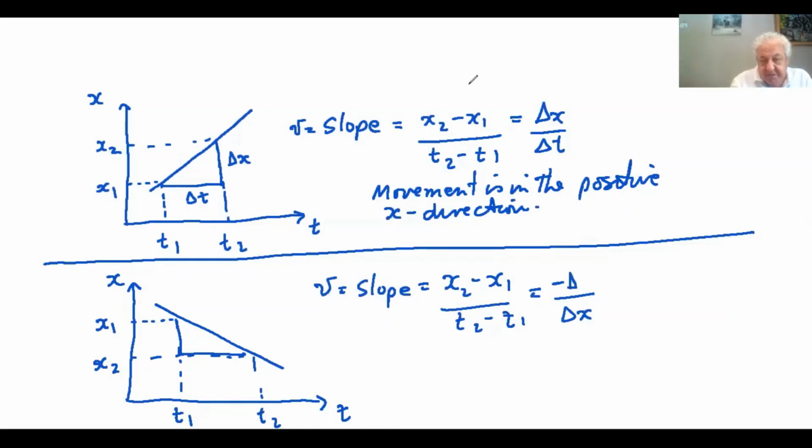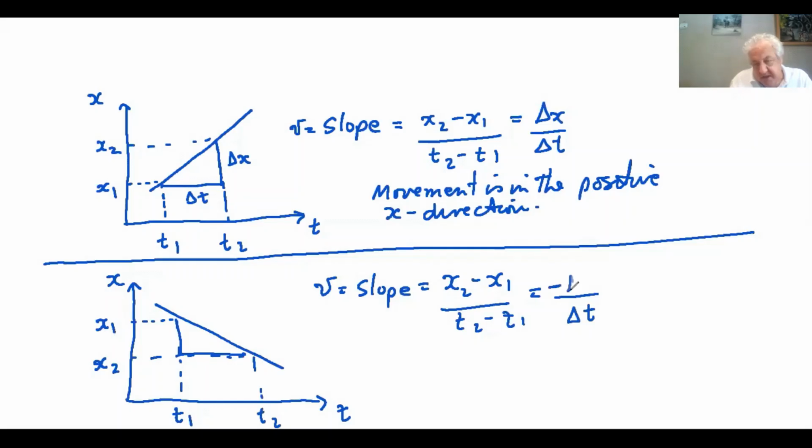Let me rub that out. Let me do that again. This gives me a positive interval. This time x1 is bigger than x2. The initial position is bigger than the final position.